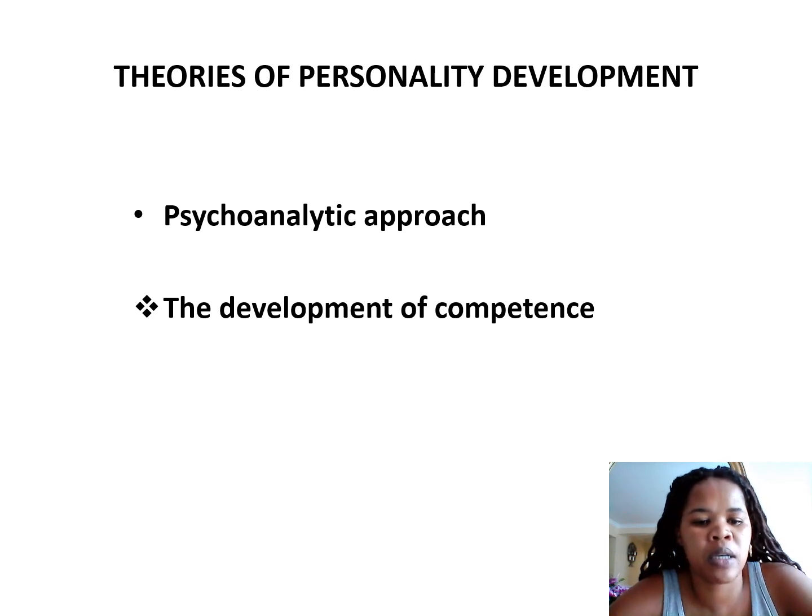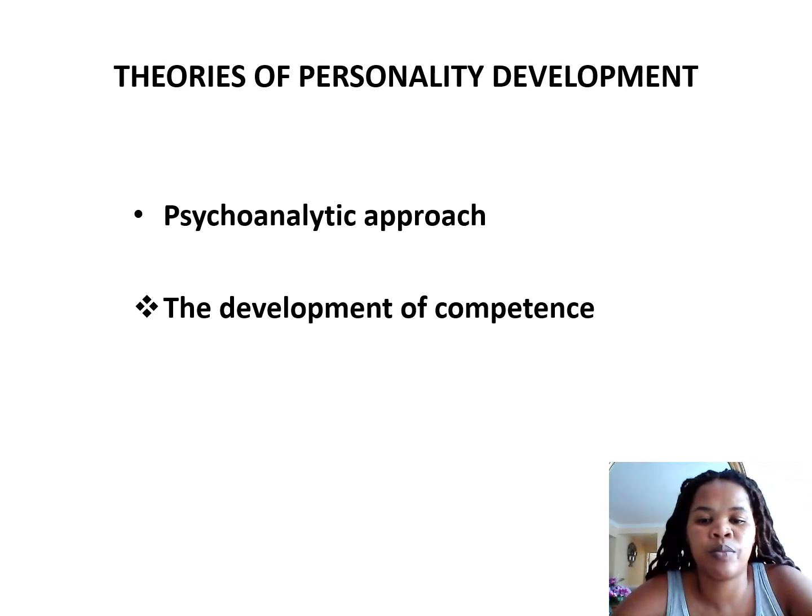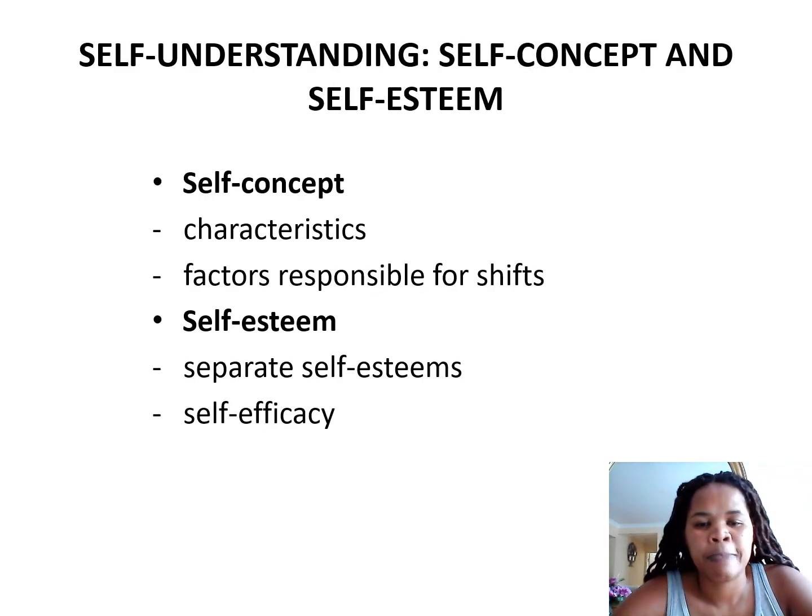We know that according to them, a child's personality develops by the time they are 6 to 7 years old, and when there are crises that are not met, then it can lead to some development of competence or not competence. Self-understanding, self-concept and self-esteem.